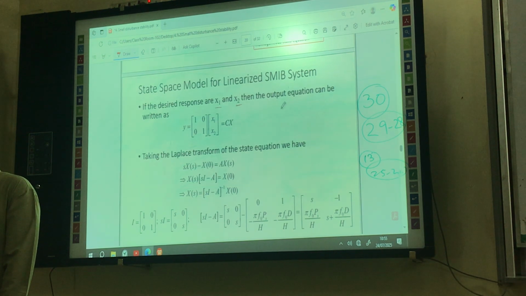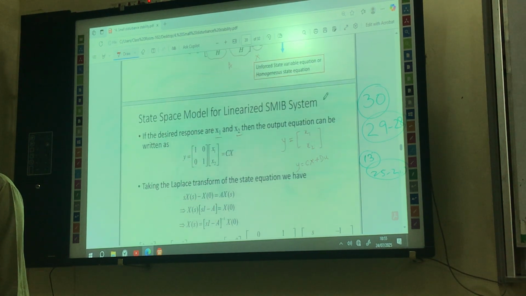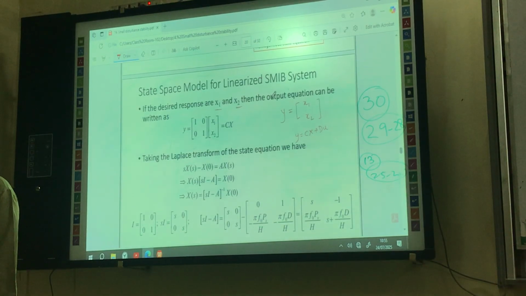Simply, inside y it will have x1 and x2, so again y is equal to Cx plus Du. We know that in the input equation we do not have any Du term, that is, there is no forcing function here. That's why in this output equation there will be no Du, so there will only be y equals Cx.